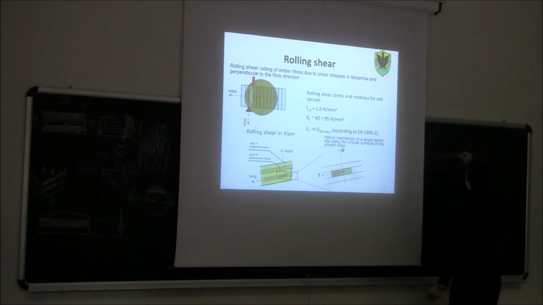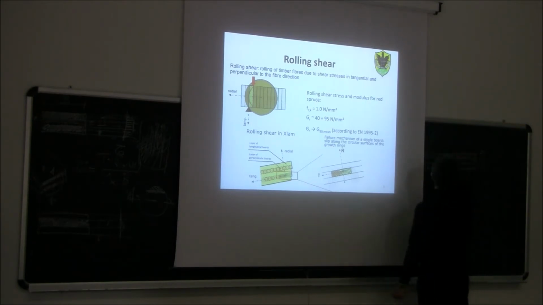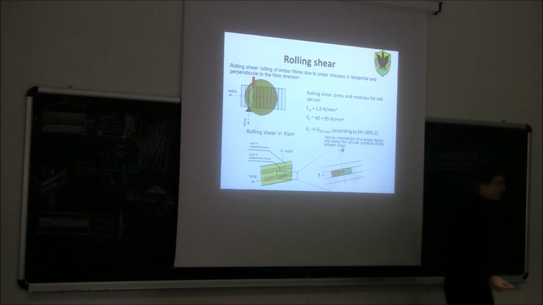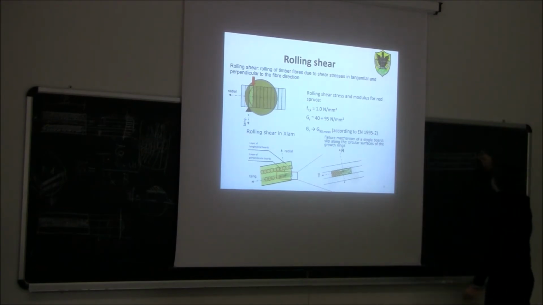So this layer is parallel to the grain. Here we have a layer perpendicular to the grain. Here we have another layer parallel to the grain. On the cross section we have some tau distribution.